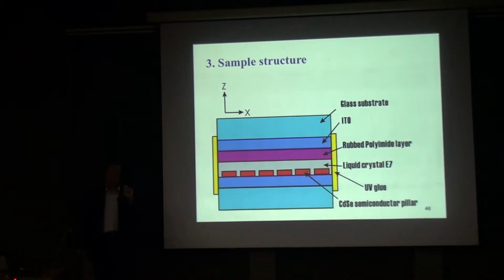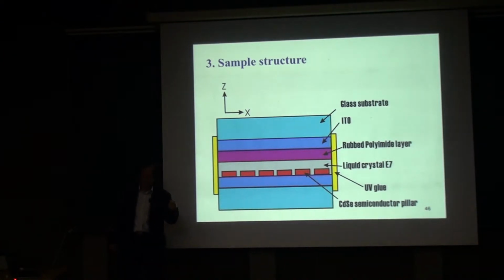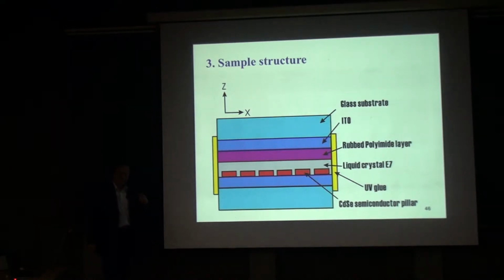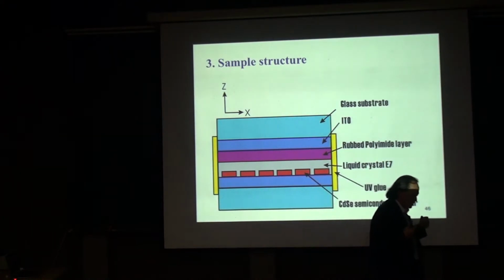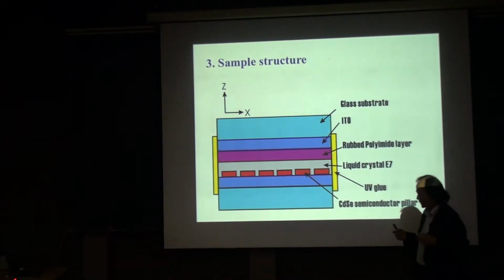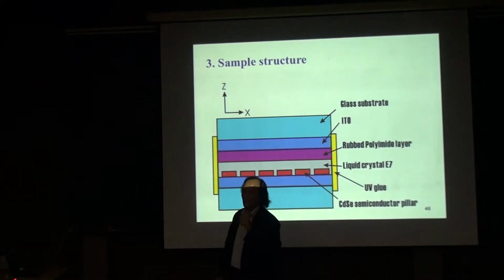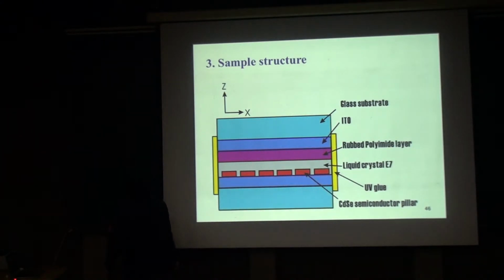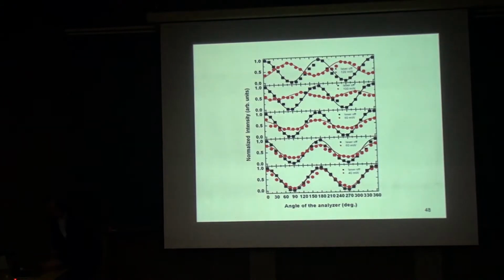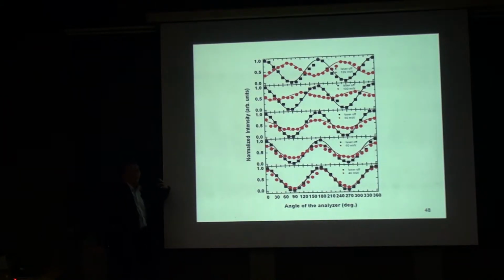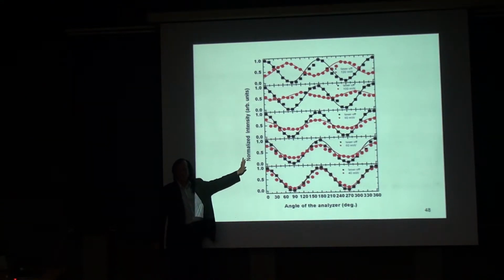A Schottky diode is also an alternative way to produce the photovoltage. Which means in order to produce a photovoltage, it's not necessary to have a p-n junction. You only need to have an internal electric field to produce the photovoltage. Okay, this is what we have done here. And then the following just shows that with the incident laser light beam, we are able to change the behavior of liquid crystal devices.